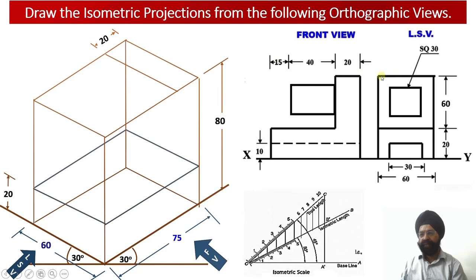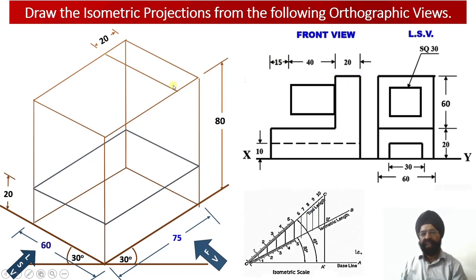And in the left side view, it is this edge that we have been able to obtain. When we look at this from the left hand side, this rectangular surface will appear as a straight line or an edge view onto the profile plane. So this way, the top surface of this vertical web has been obtained.